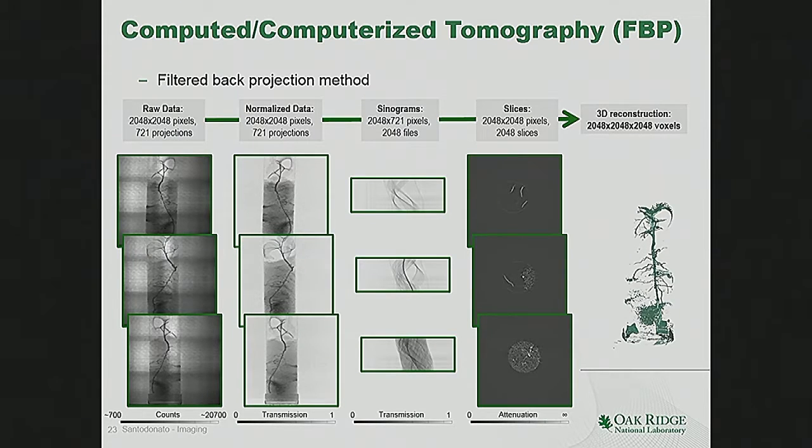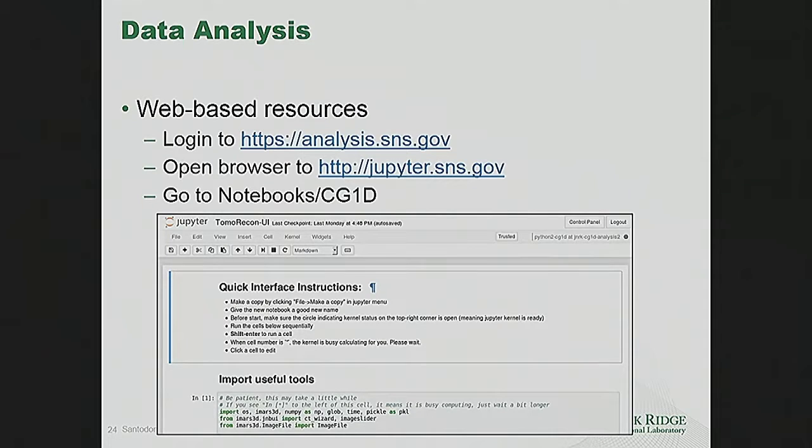What we're doing lately, which I really like, is that the data analysis guys are giving us some web-based tools. You may have already been on the analysis.sns.gov website. There are lots of great tools there. As I go through this with the students, if we get to it, I guess a few of you are here. I don't know, we haven't even gotten to this.